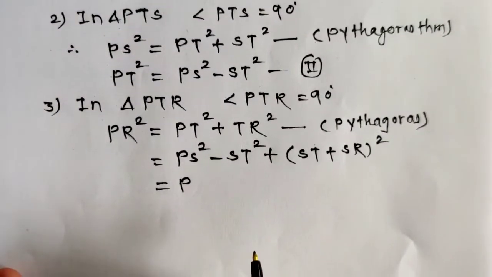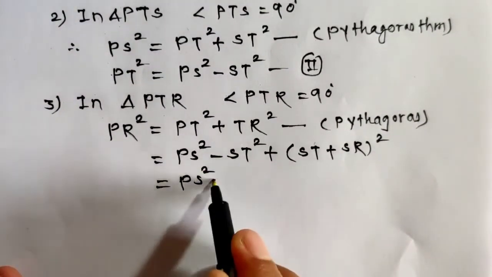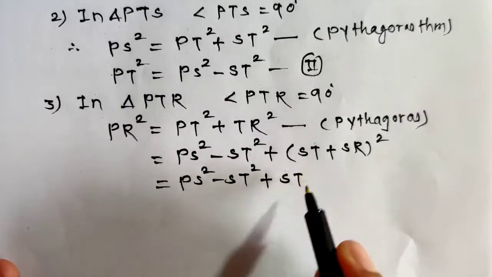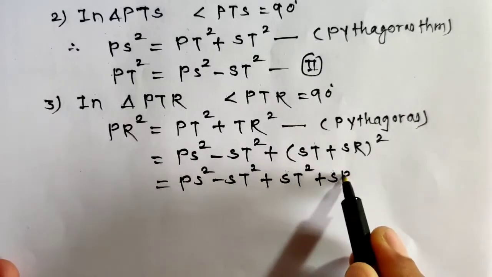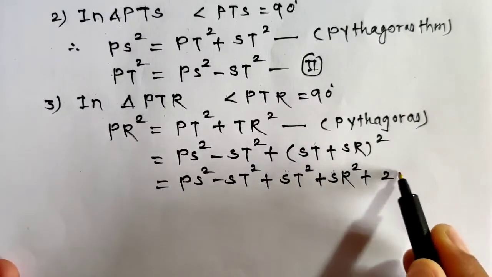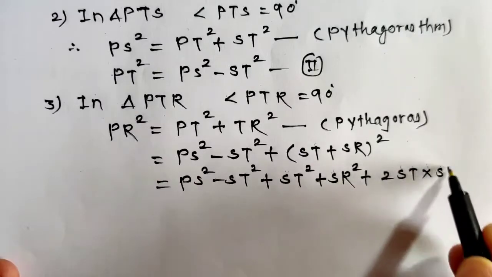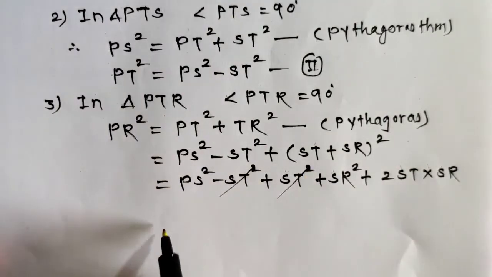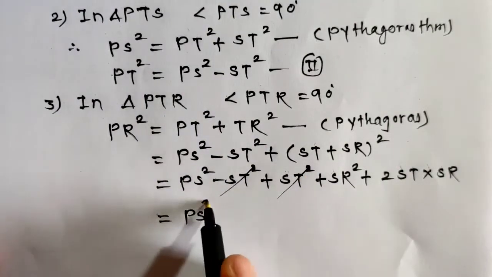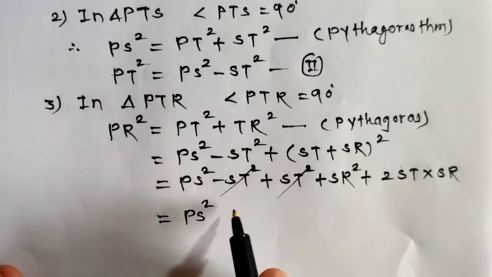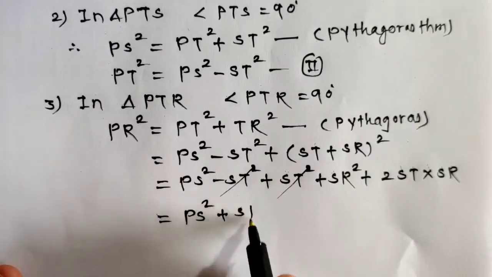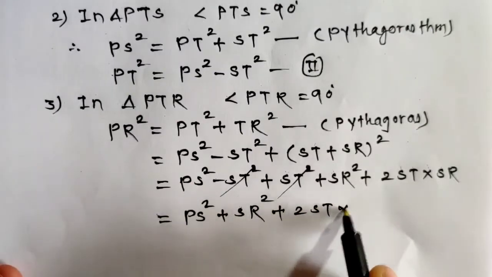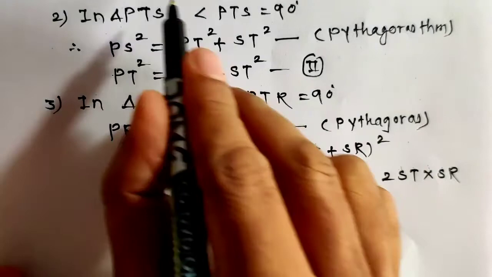PS square minus ST square plus (A plus B) the whole square. The formula is A square plus B square plus 2AB. Now this ST square and this ST square get cancelled. We get PS square plus SR square plus 2 ST into SR.